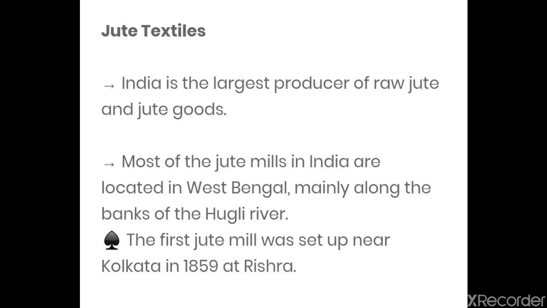The first jute mill was set up near Kolkata in 1859 at Rishra. After the partition in 1947, the jute mills remained in India, but three-fourths of the jute producing area went to Bangladesh. Before that it was East Pakistan, and now it is present in Bangladesh.